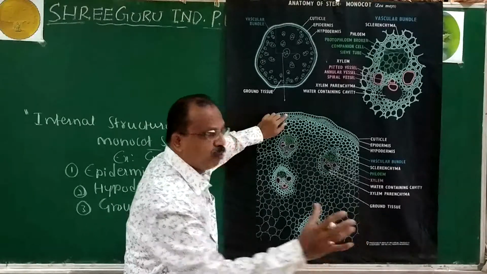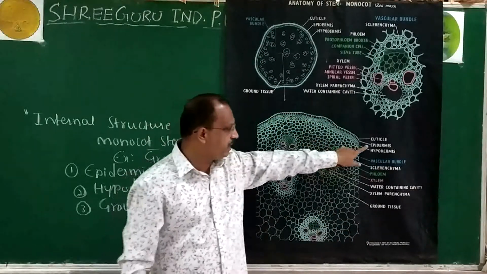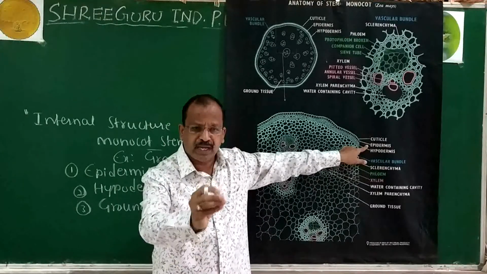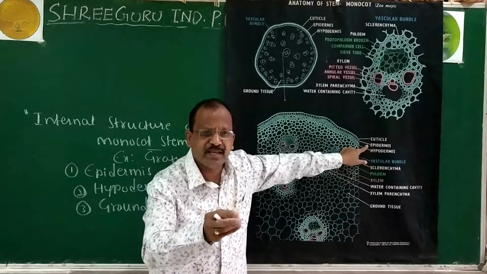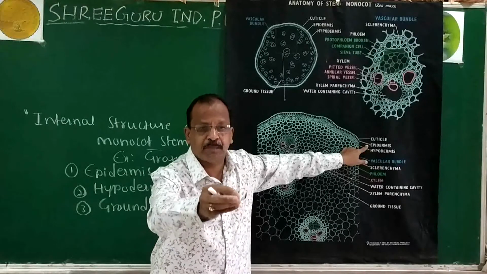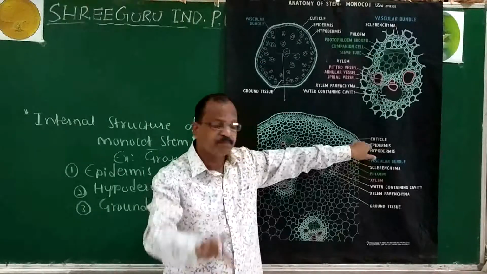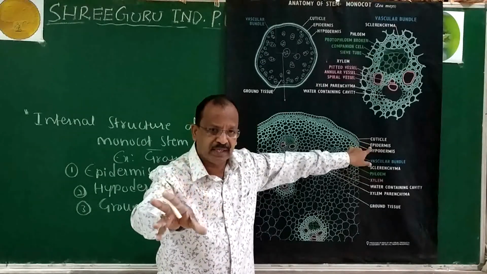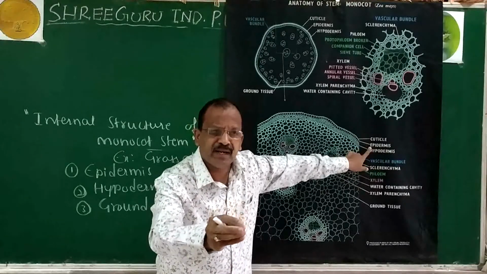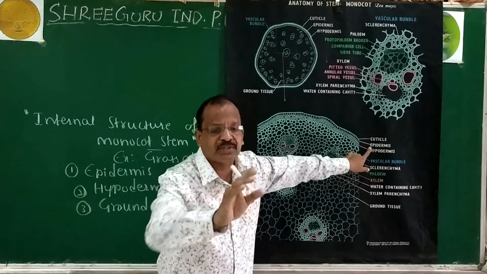Epidermis is the outermost layer. It is made up of nearly rectangular shaped cells. You know, in mathematics, rectangular means a geometric figure with 4 sides.